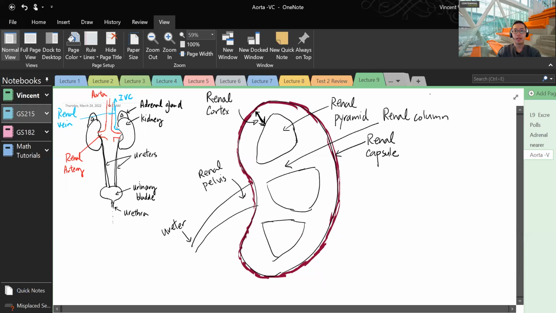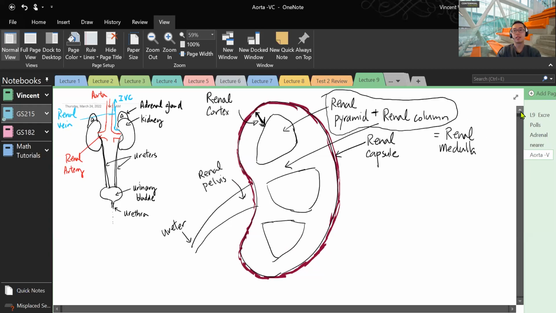If you take these two things together, the renal pyramid plus the renal column, that equals the renal medulla. So the cortex is the outside of the organ, and the medulla is the interior of the organ.